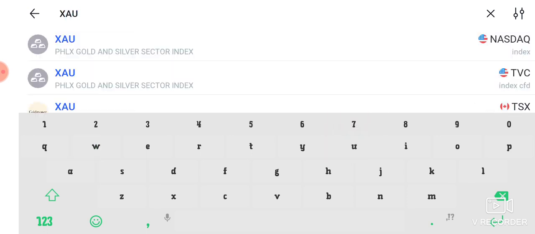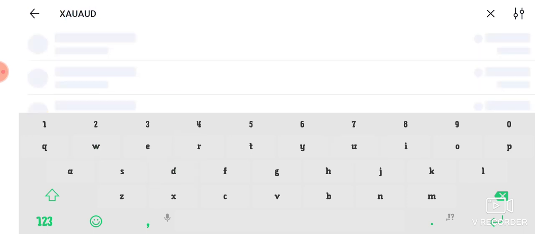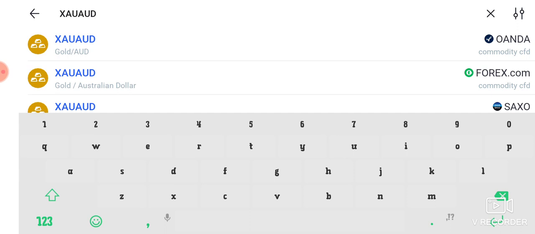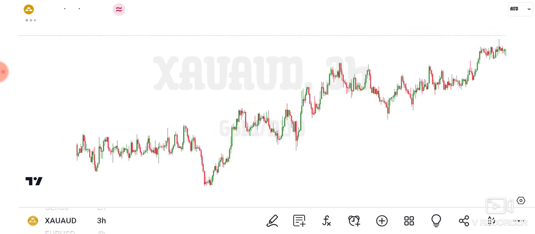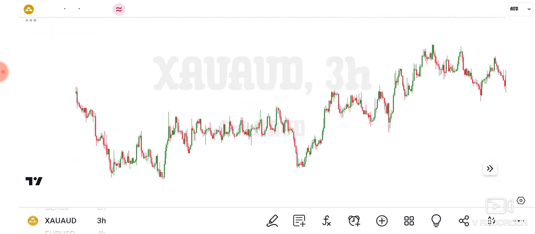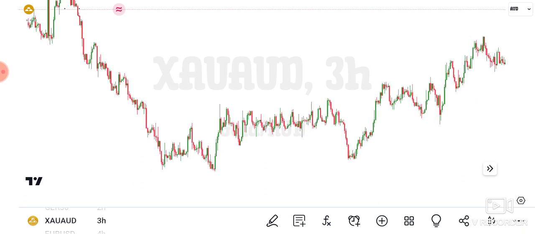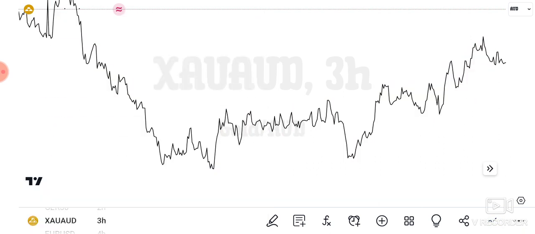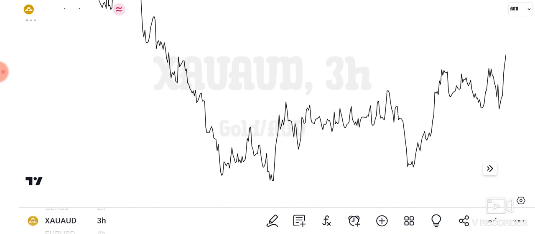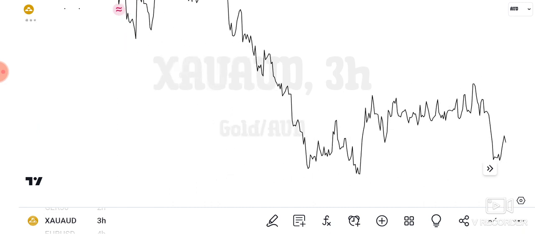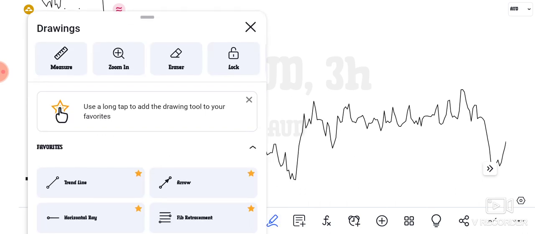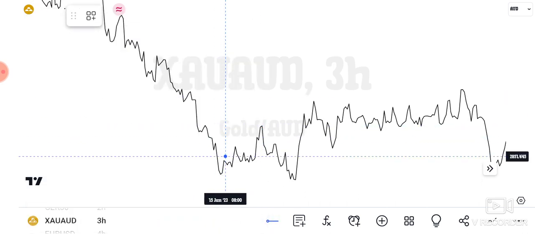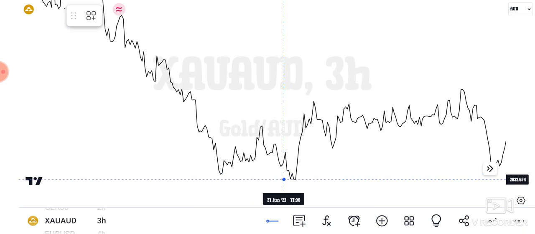We can look at another example, like this one, AUD maybe. I don't know whether I will get something good, but yes. I said I change my candlesticks to a line chart when I'm identifying a QML. You can see this low and this one.